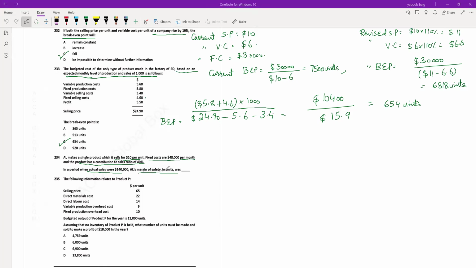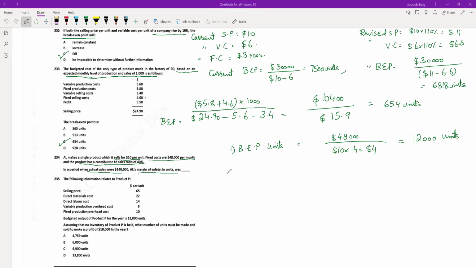So to calculate margin of safety in units, first we need break-even point units, where we have fixed cost of 48,000 divided by contribution per unit, which is 40% of the selling price. CS ratio is 40%, so the $4 is contribution per unit. 48,000 divided by $4, we have break-even point units of 12,000.